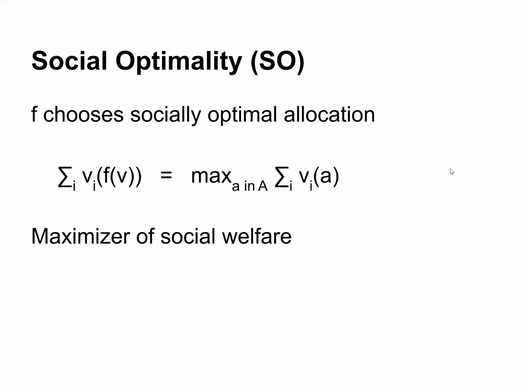And things like that we defined before, like for instance, the social optimality, it can be written like this. So the social choice function maximizes social welfare if it chooses the allocation that maximizes the total valuation, the total user's happiness. Okay, so that's a socially optimal social choice function. It maximizes the welfare, maximizes the total user's valuation.